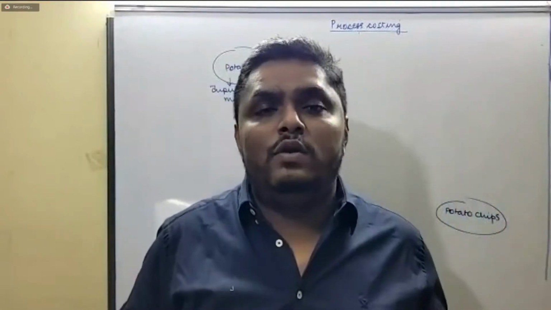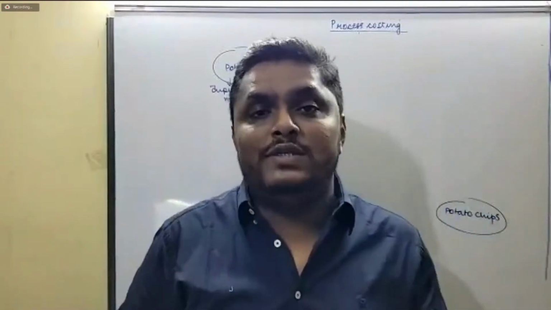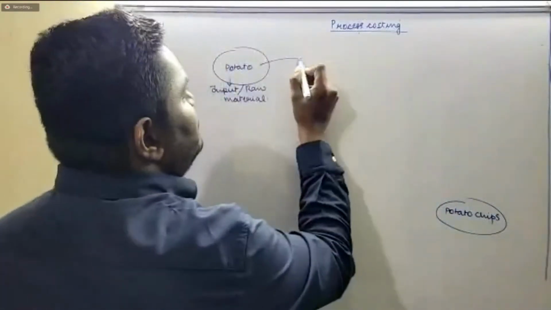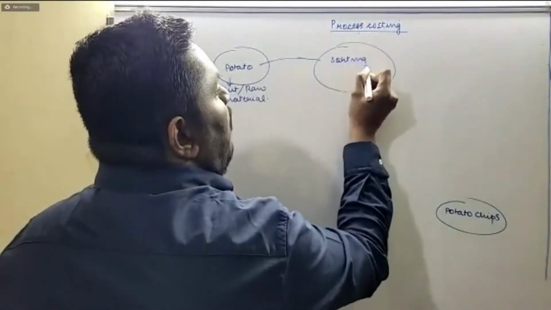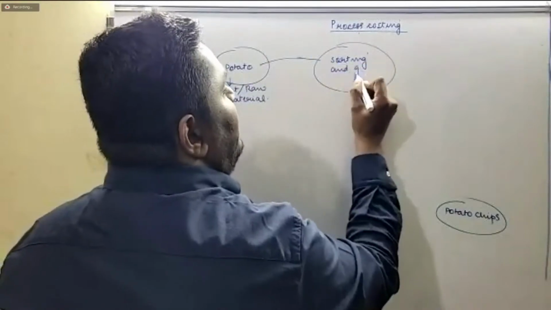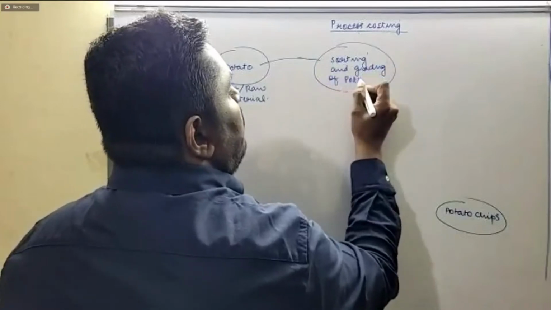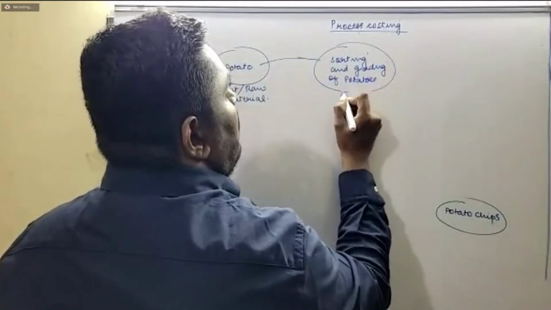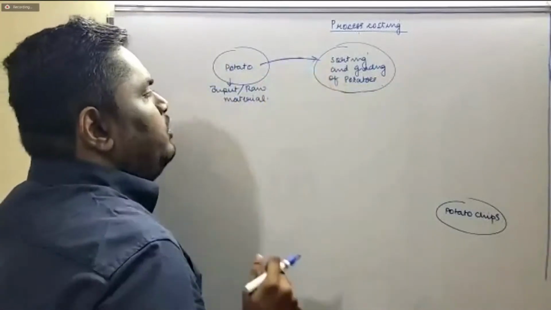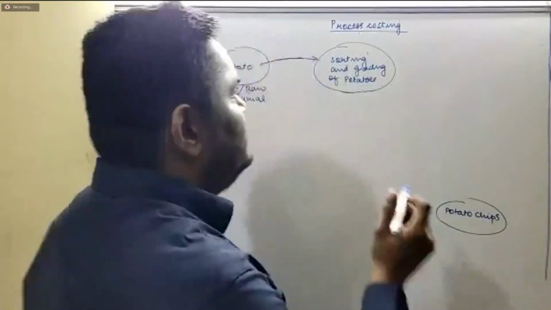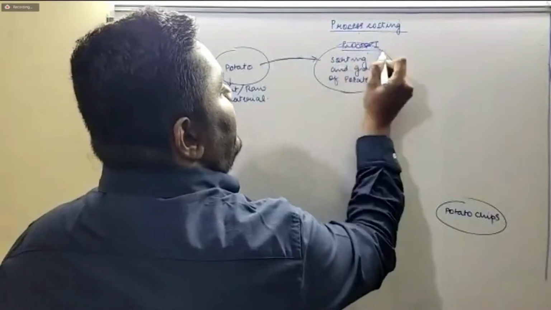Because I receive potatoes in bulk quantity, I have to sort out and grade the quality of potatoes I have to use. So my input or raw material is transferred to my first process, that is sorting and grading of potatoes.